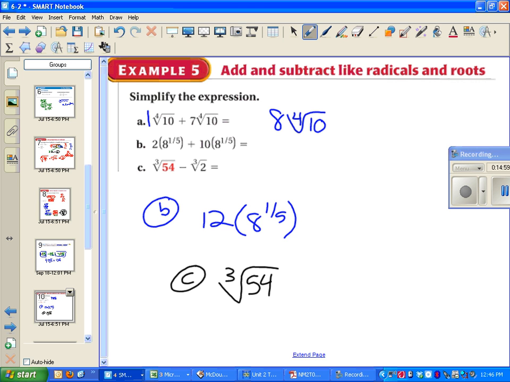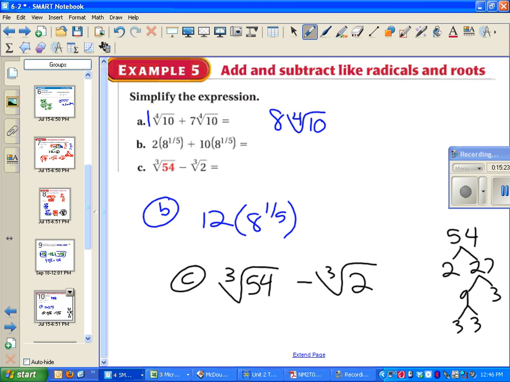54, and I have the same index of 3, but I don't have the same thing underneath the radical. So I'm going to break down 54. And 54 breaks down into 2 and 27. And then if you want to break it down further, you can break it down into 9 and 3 and 3 and 3.